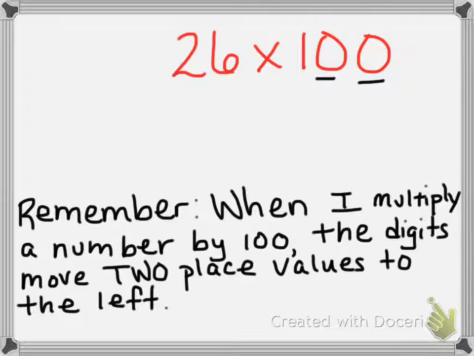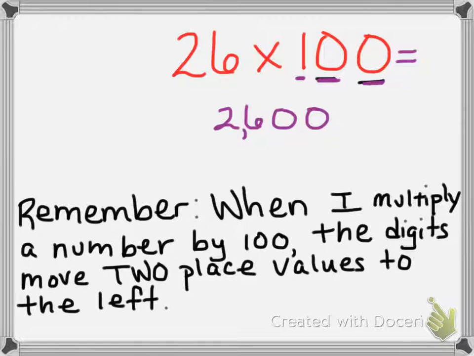So when I'm looking at it like the standard algorithm, that's what we call this, I'm going to use my trick. So I know that 26 times 1, let's put the equal symbol, is 26. And then I'm just going to plug these 2 zeros on like that. Okay.